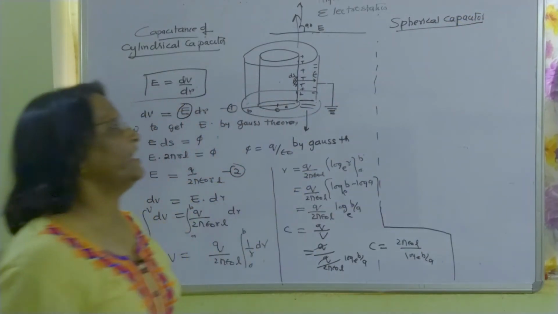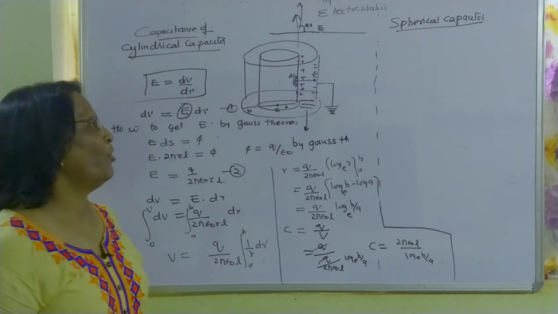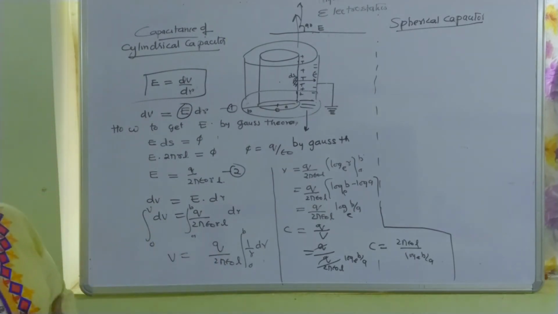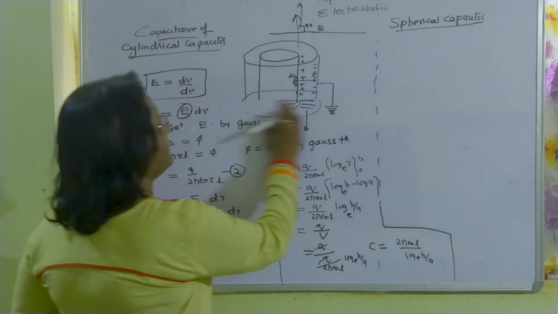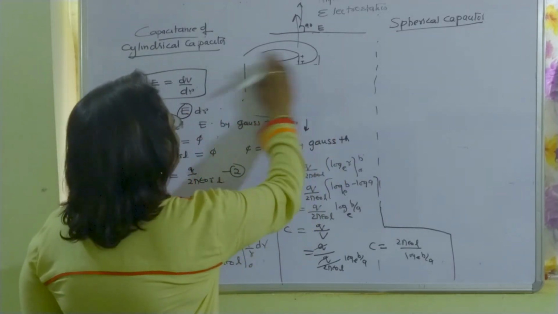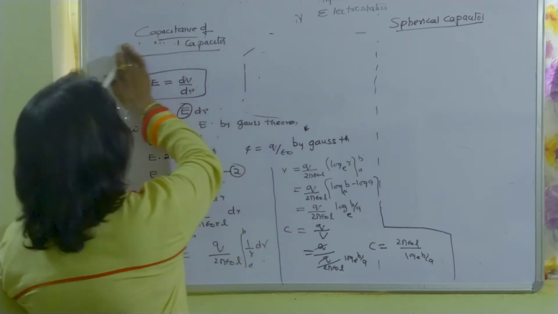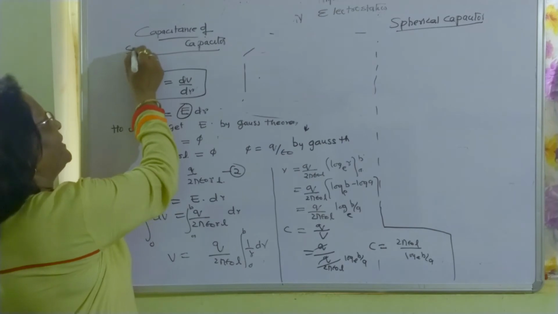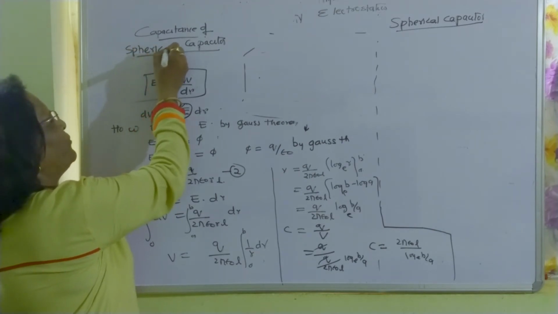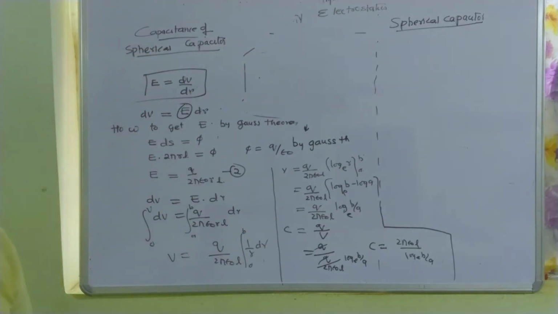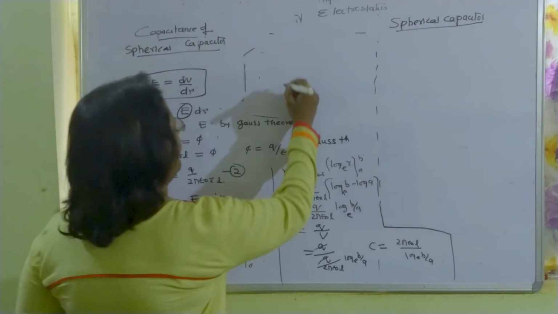So when we are dealing with spherical capacitor, more or less the concept is same, only what is going to change here. So just with this I will deal the part. We can make here, instead of cylindrical, I will write here spherical. I have done this so that both the derivations you may be quite confident with.